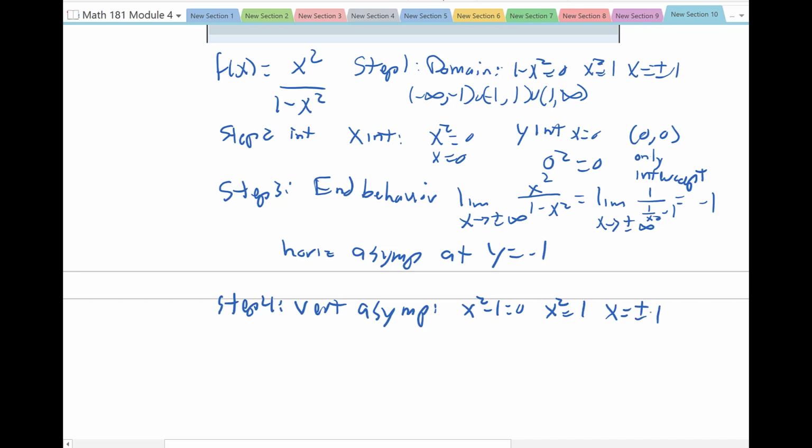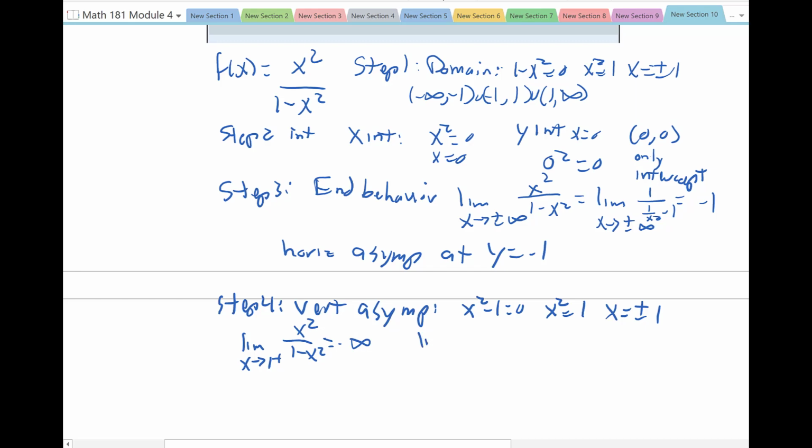So here's where we're going to look at the behavior of the graph as we approach those asymptotes. We look at the limit as x approaches 1 from the right side of this function, x squared over 1 minus x squared, and that's going to be negative infinity.